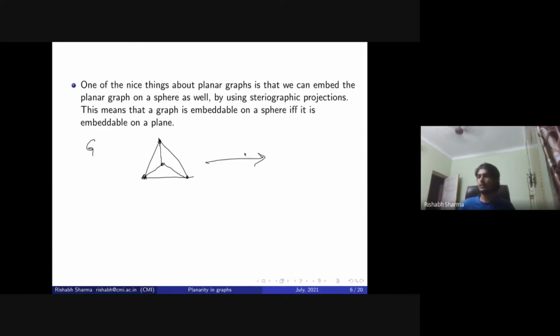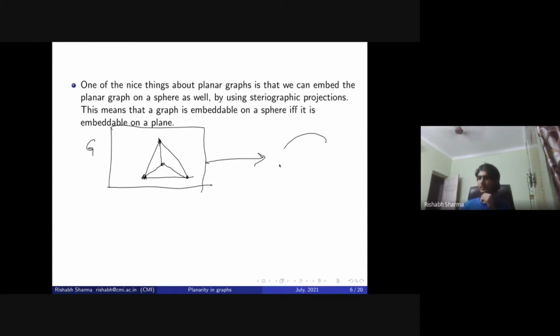What we do is, this is lying on a plane, right? Then I just apply stereographic projection to this, wrapping this plane onto a sphere. And since the function is continuous, I know that my graph will not get torn apart, it will stay a continuous shape.